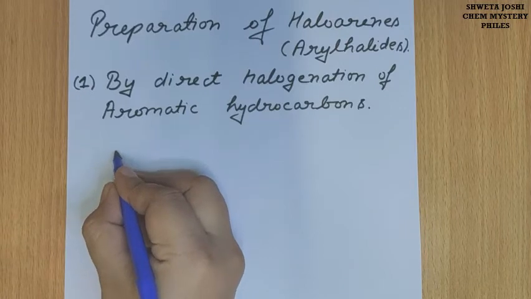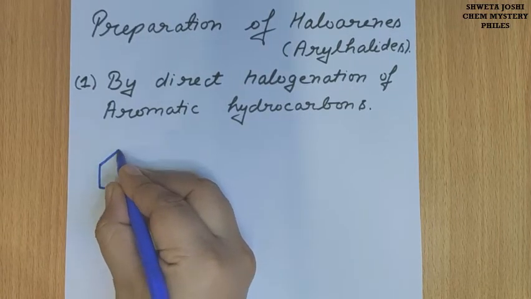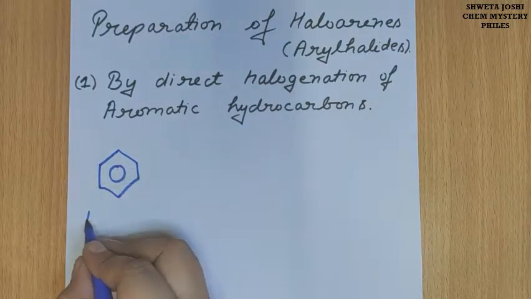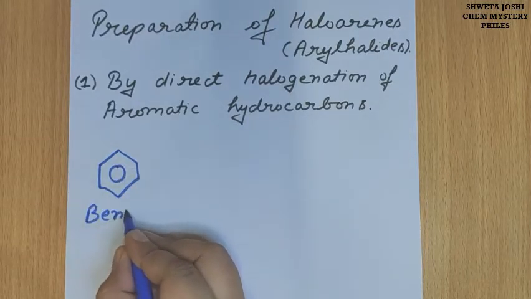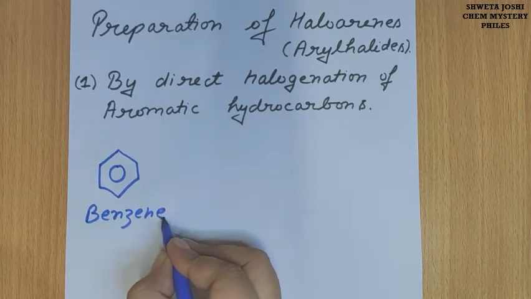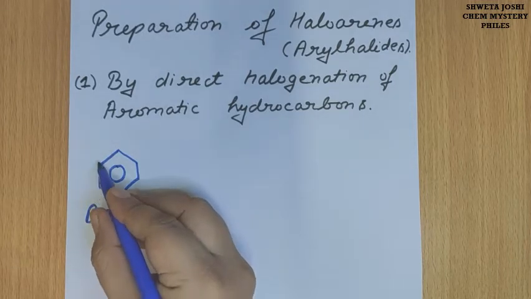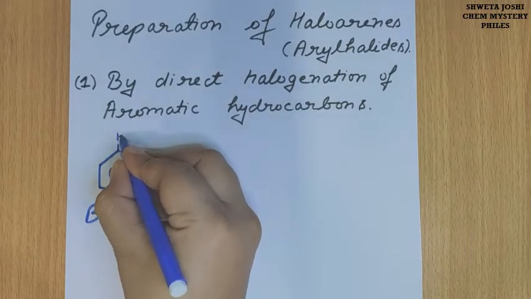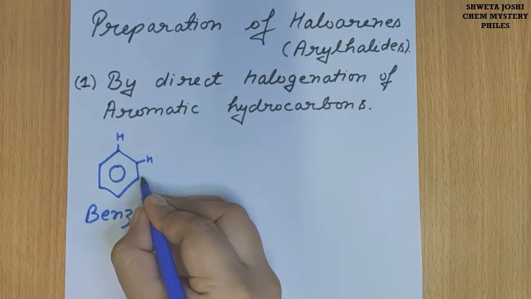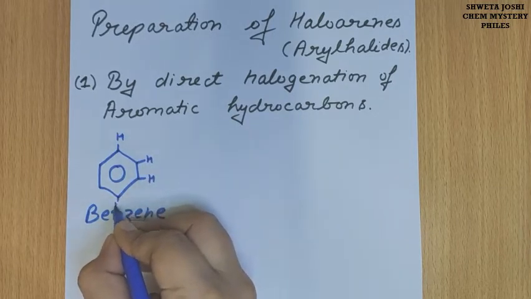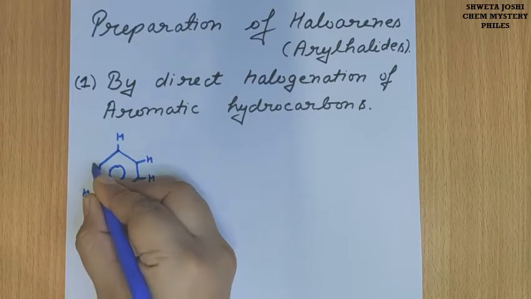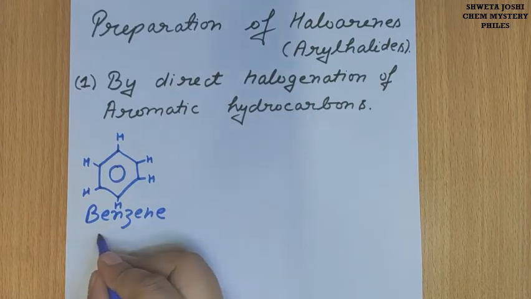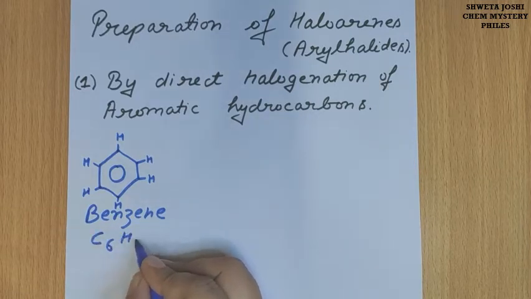Now, taking an example, this is a benzene ring, and to all the carbon atoms of the benzene ring, one hydrogen atom is attached. So, the formula of benzene is C6H6.